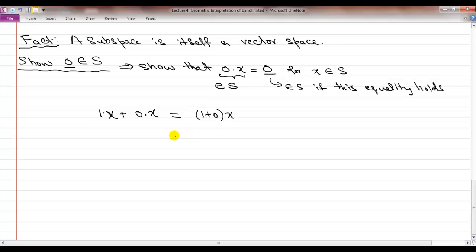And 1 plus 0, since those are scalars, the usual rules of addition apply: 1 plus 0 is 1. So I get 1 dot x. Now by the multiplicative identity, whenever I multiply 1 with a vector, I get x. So we have shown that 1 dot x plus 0 dot x is equal to x.